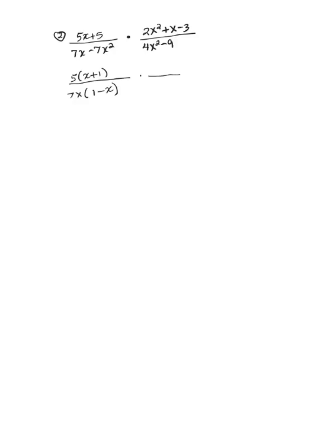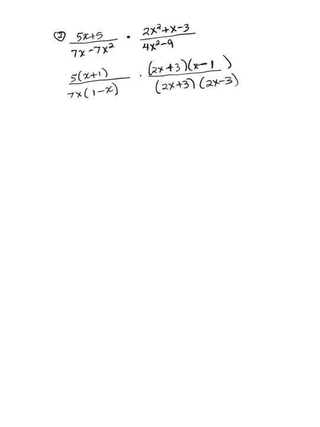And for 2x squared plus x minus 3, well, we know that the factors have to be 2x and x. And if we want the inner and outer terms to add up to a 1, the correct placement would be a plus 3 here and a minus 1 there. And the 4x squared minus 9 is just 2x plus 3 times 2x minus 3.